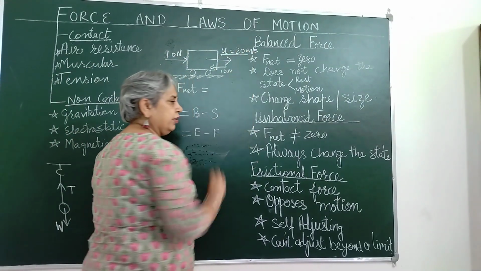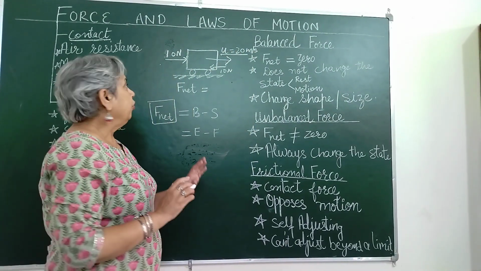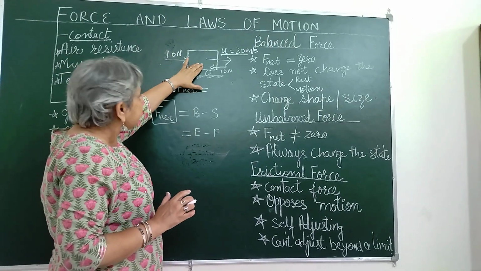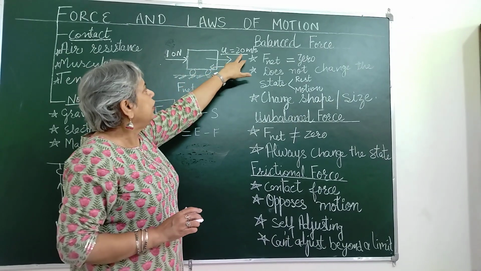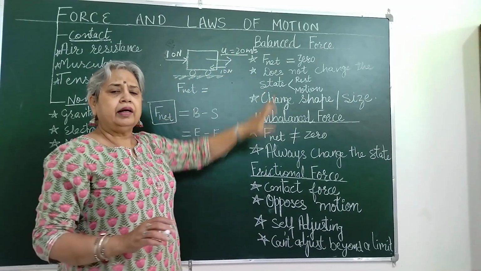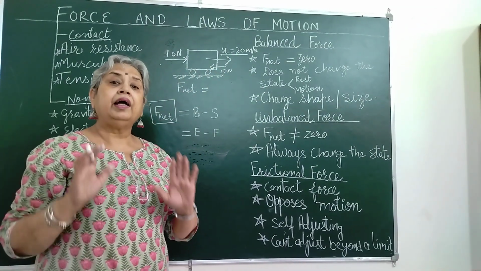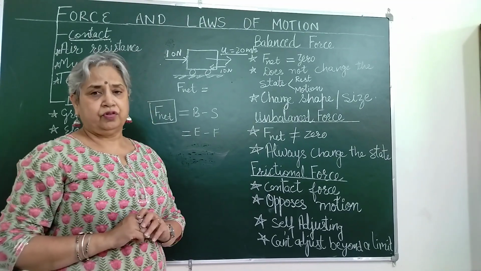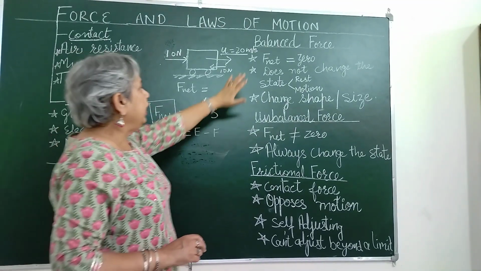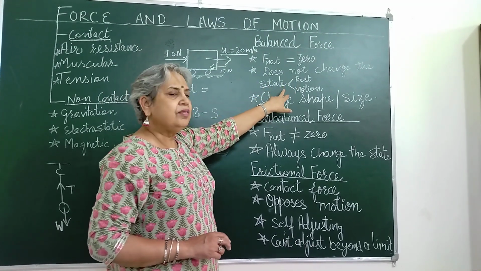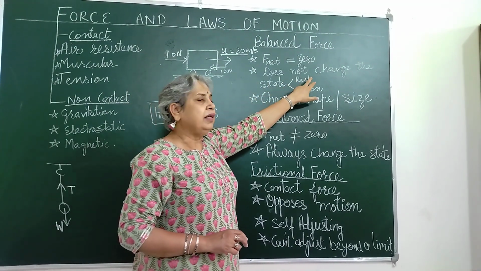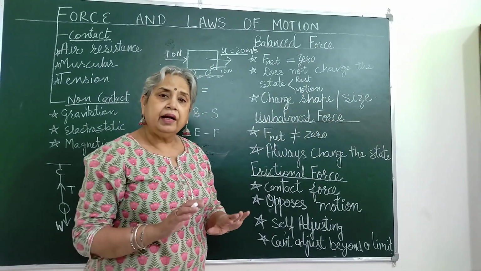Out of 20 Newton, 10 Newton is balancing friction and the rest 10 Newton is pushing it forward with this velocity. Right? Now, in this situation, when it is moving with a velocity of 20 meter per second, we need not apply any more external force. So, a balanced force does not change the state. If the object was at rest, it will remain at rest.